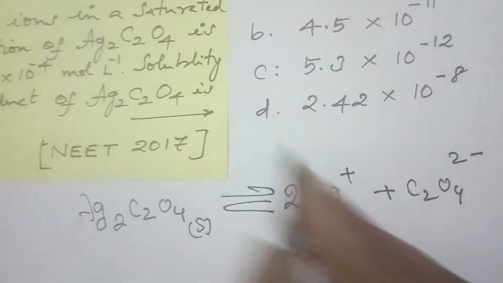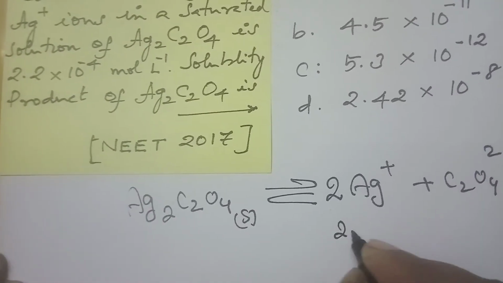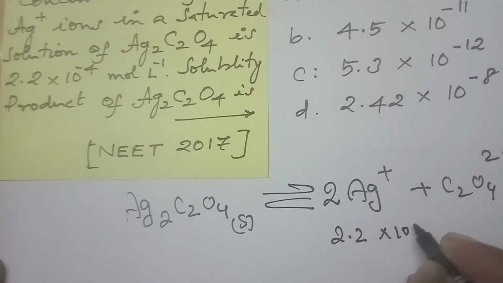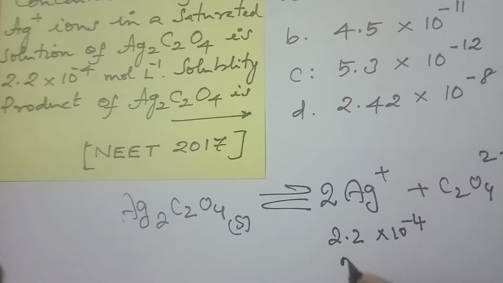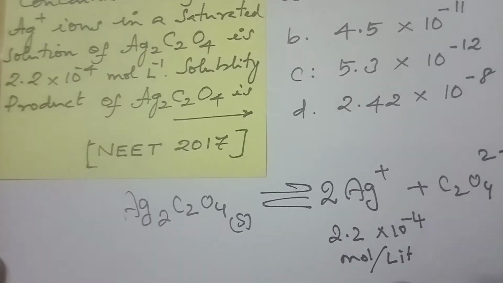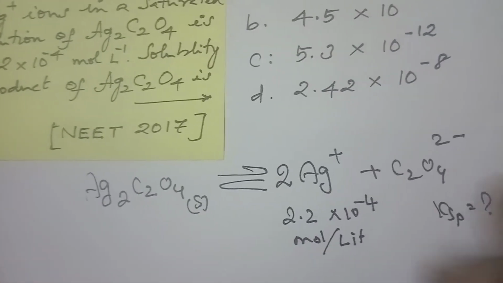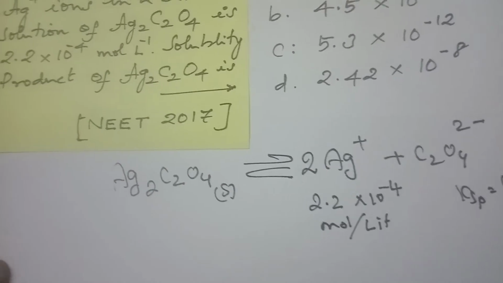Next, the concentration of silver ion is 2.2 into 10 power minus 4 moles per liter. It is given as the concentration of silver ion. They are asking what is the solubility product of the compound. This is the question.